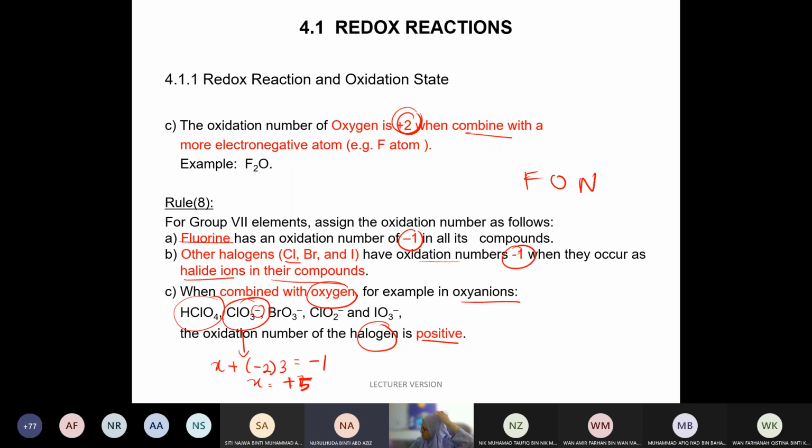Positive 5. Okay, dia jadi positive 5. So, dia akan carry the positive oxidation number. Okay, depending on whom it combines with. Tapi normally dia memang carry the negative 1 charge. Tapi lah kalau dia combine dengan oxygen, dia combine dengan fluorine. So, dia kena carry the positive oxidation number. Okay?